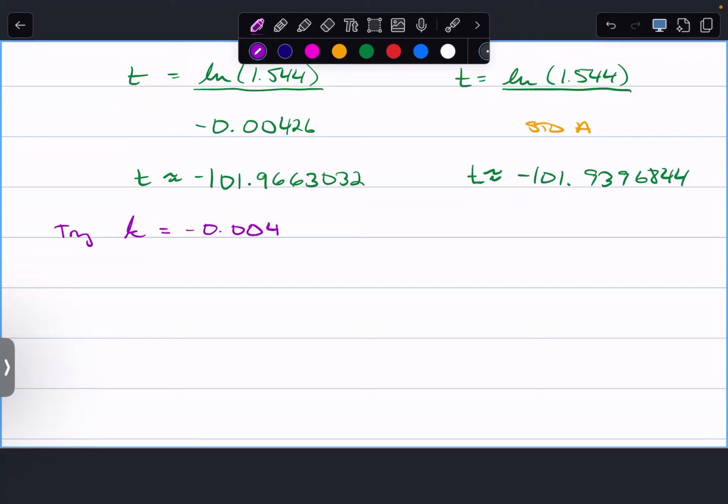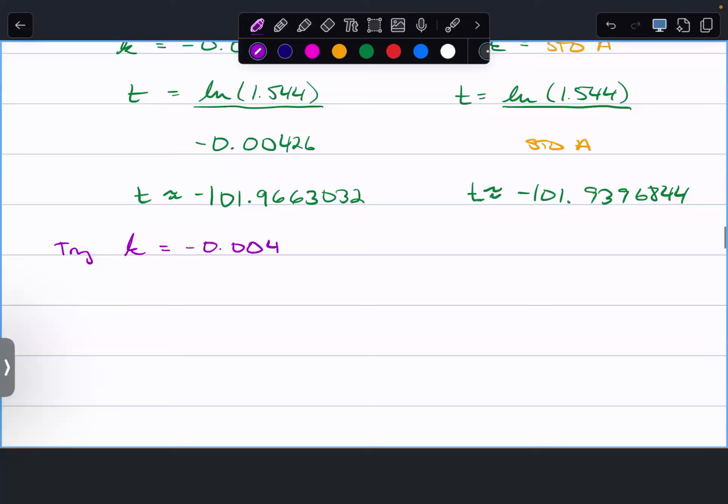Lose interest after 4, even though it's followed by a 2, 6, kind of rocking the boat there. t would be the log of 1.544 divided by negative 0.004. Let's see here. I'm so curious. Oh. Okay, I better do it again. Divided by negative 0.004.